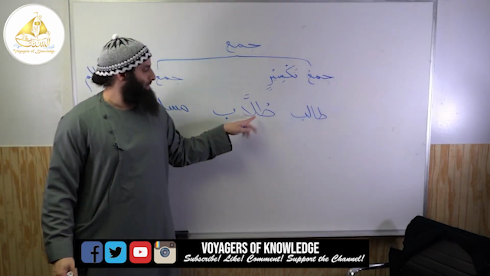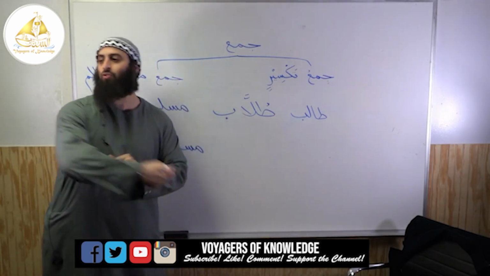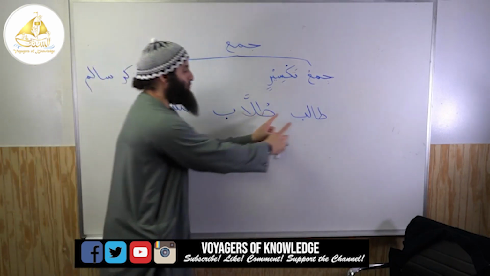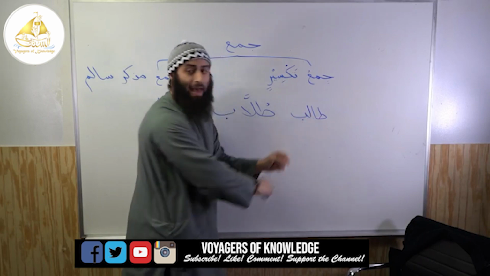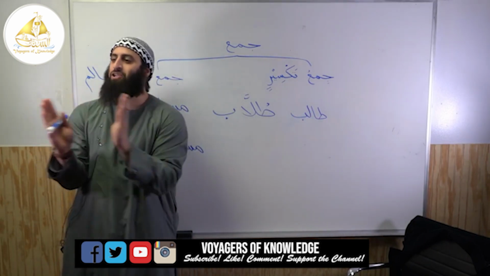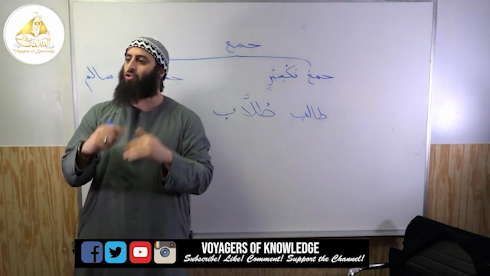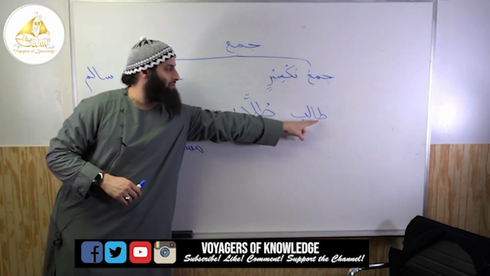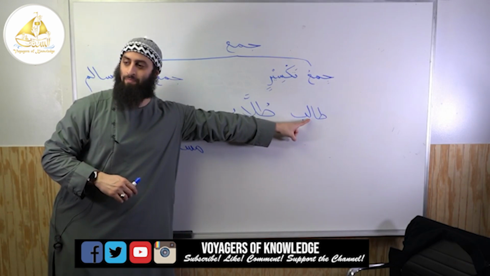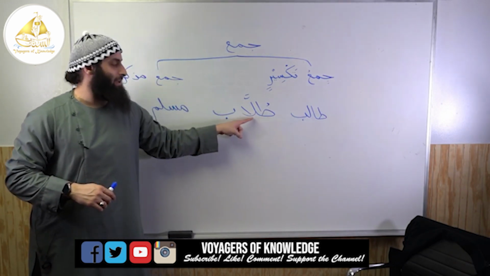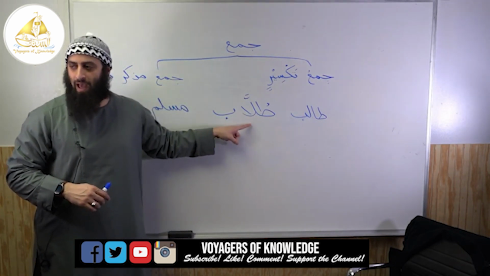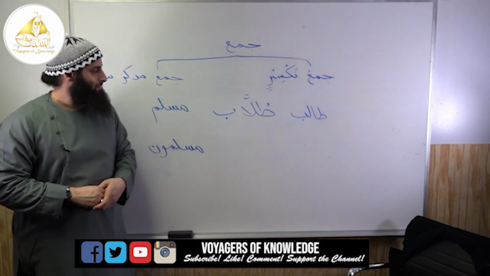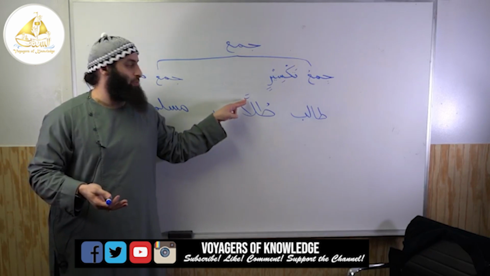But over here, the alif, we had to remove it, or not remove it, we had to switch it with the lam. So we broke its natural structure. Its natural scale was ta, alif, lam, and it didn't remain ta, alif, lam. It became ta, lam, alif. And actually not even lam, 2.